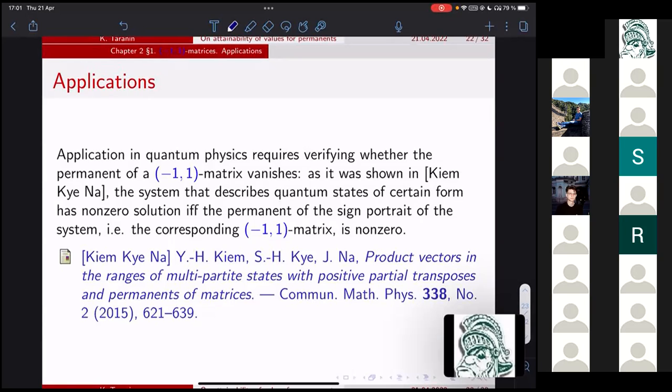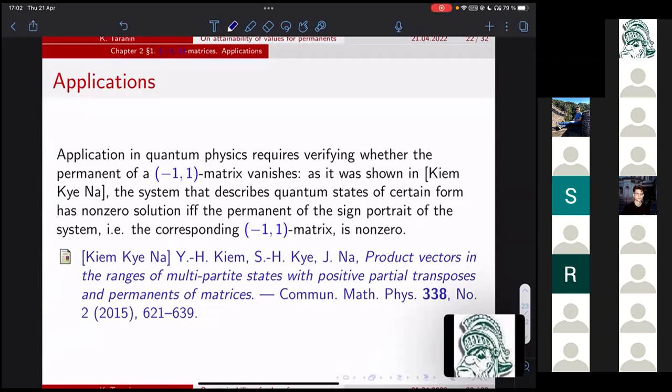First, I need to mention that a quantum state is mathematically expressed as an operator on a Hilbert space.